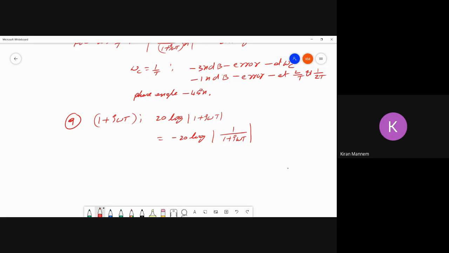Even for the phase angle, for 1 plus j omega t, it would be tan inverse omega t. So you'll get the positive values, right? Or you can say minus the phase angle of 1 by (1 plus j omega t), right? So quickly note this down.